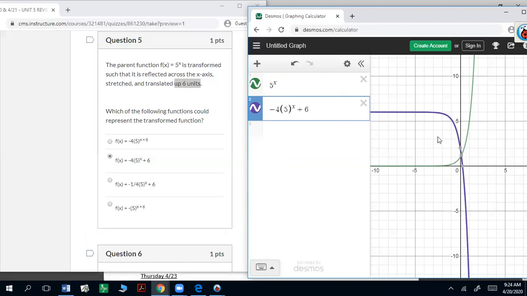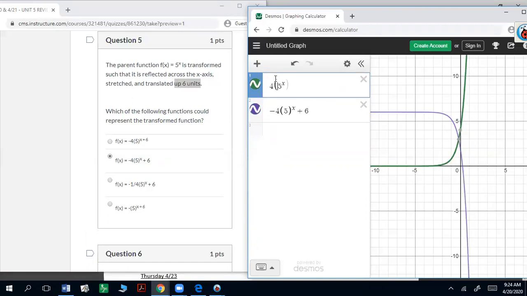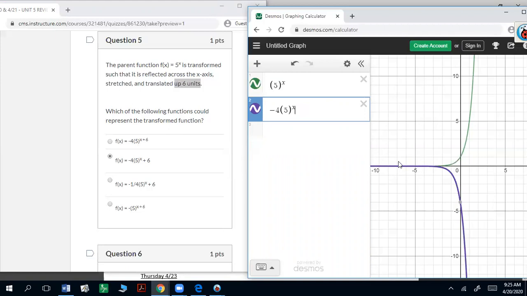Maybe you can't, but if I put a 4 out front here, that kind of made it a little bit skinnier. See the difference there? So the 4 will stretch it, and then the 6 did shift it up. So if that were not there, it would be right level there, but the plus 6 did make it go up. So it's going to be that one.